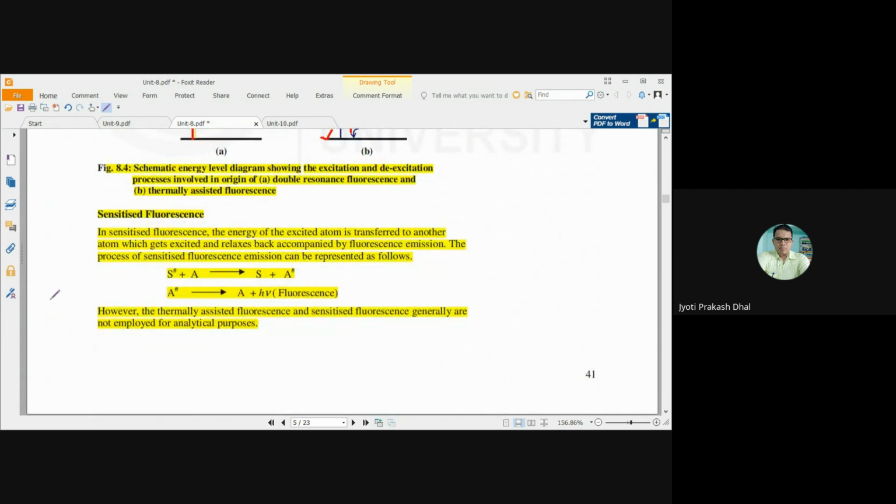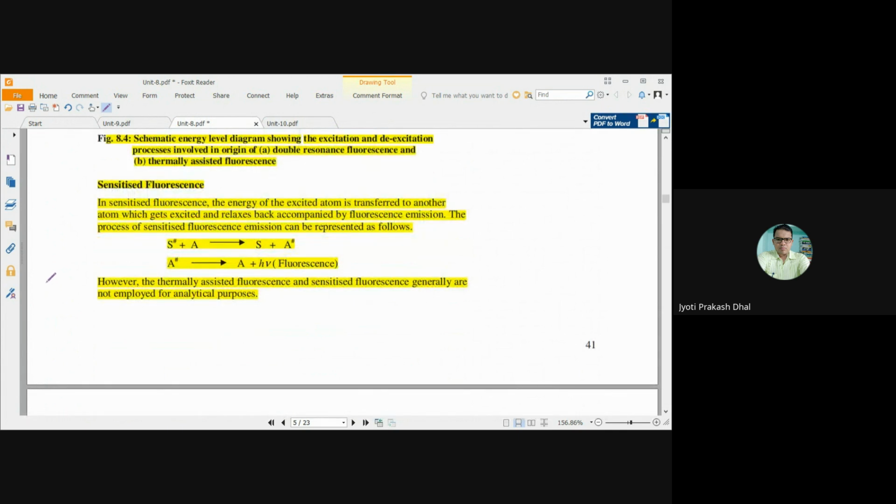Now coming to another type of fluorescence, that is called sensitized fluorescence. In sensitized fluorescence, the energy of the excited atom is transferred to another atom, which gets excited and relaxes back accompanying fluorescence emission. Here S is an excited atom and A is a normal atom.